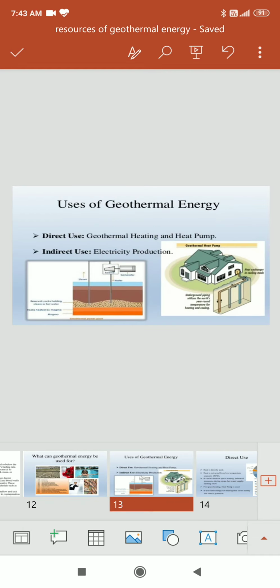Next, uses of geothermal energy are mainly of two types: direct use and indirect use.